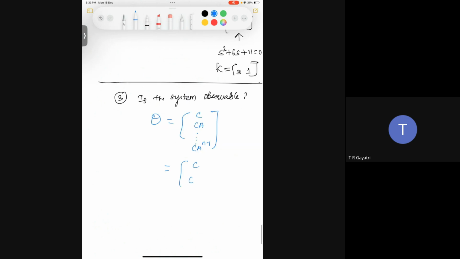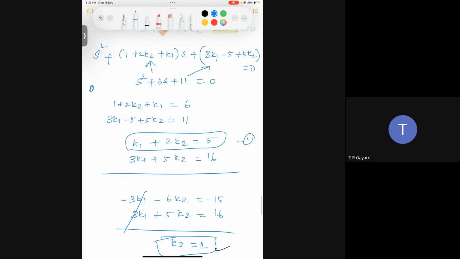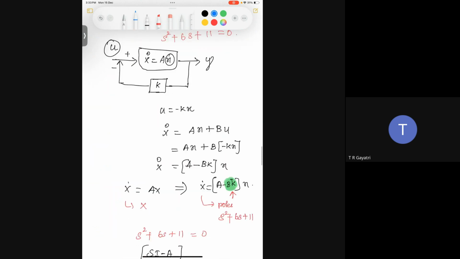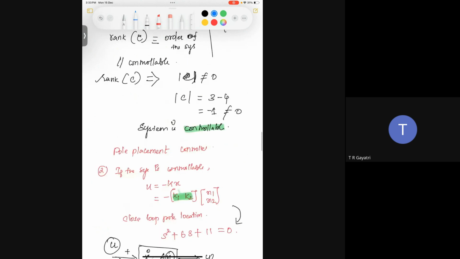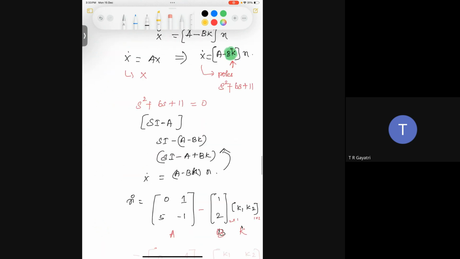Now it is a second order system, so I'm going to find only C and CA, where the C matrix is 1, 2.